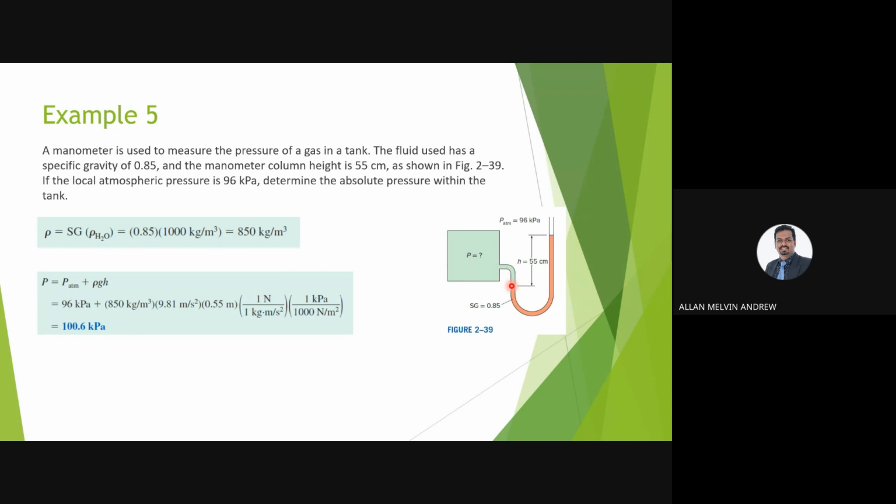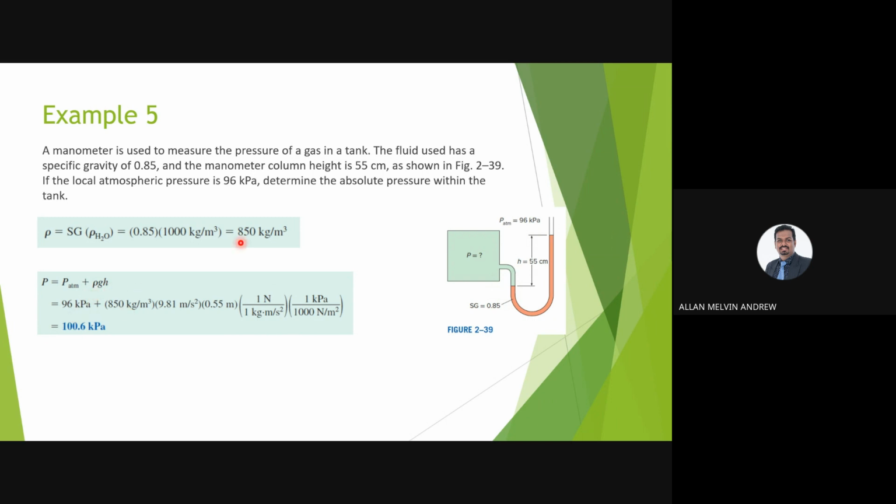Similarly, this is connected to this point in this fluid, so we will measure the pressure at this point because it will be the same. So the pressure here is atmospheric pressure plus rho gh, because it's going down, going deep, so you need to add. Atmospheric pressure plus rho gh.